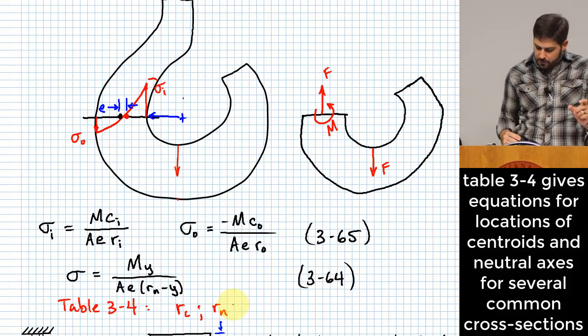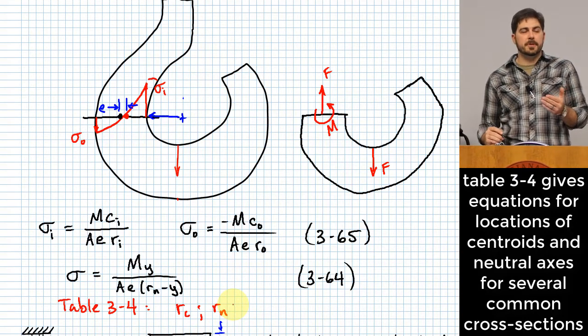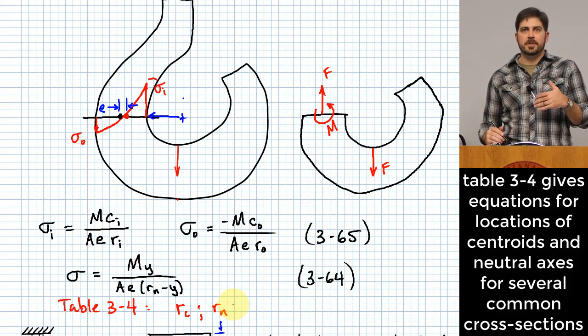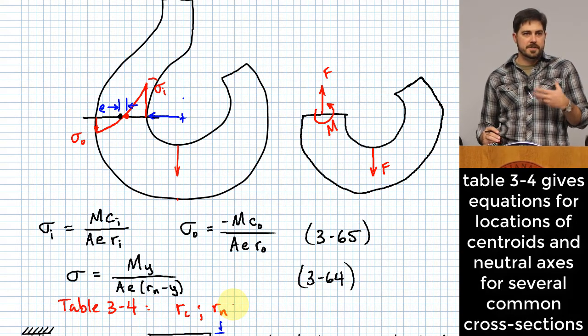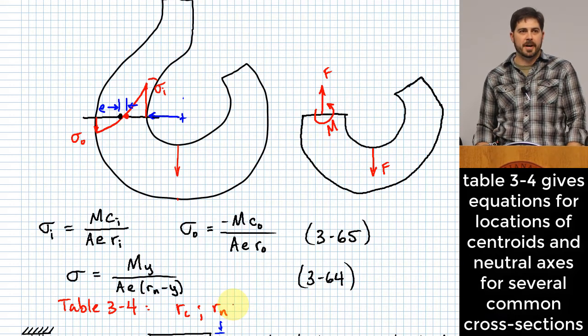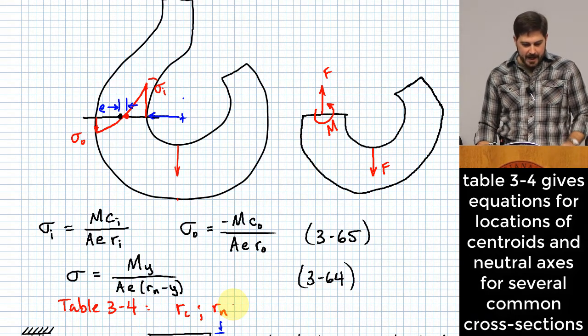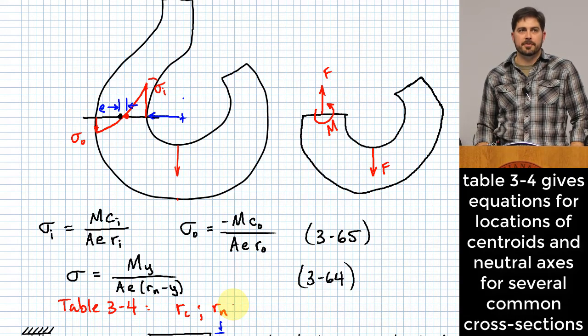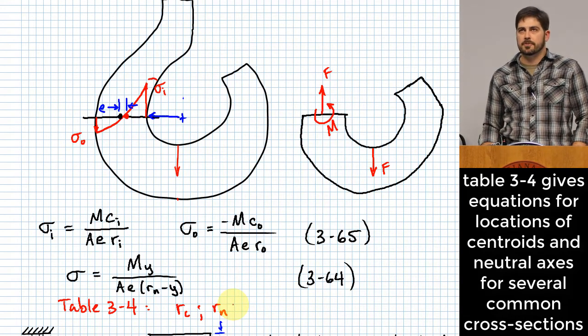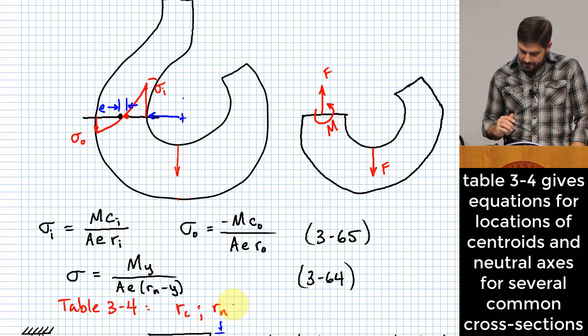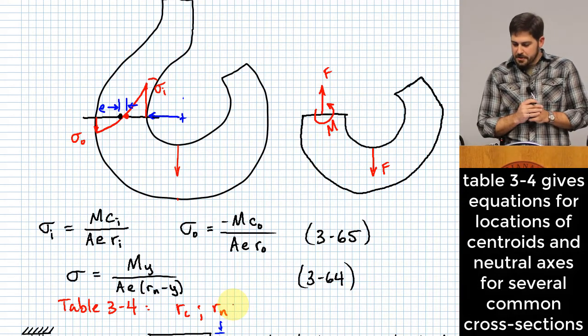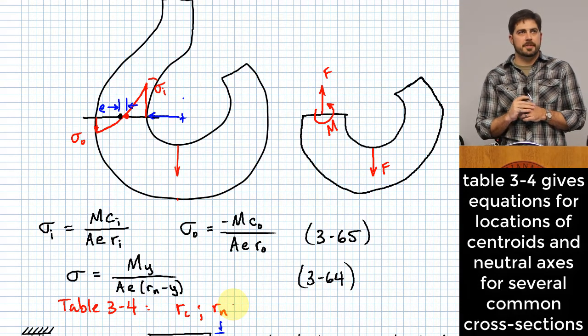Okay, and these could be a little bit difficult for us to find if we didn't have a nice table that showed various common cross sections that we might end up with. And by having those there, it saves us the effort of having to try to derive those formulas. Okay, so these are kind of our tools that we have to work with. Let's do a problem.